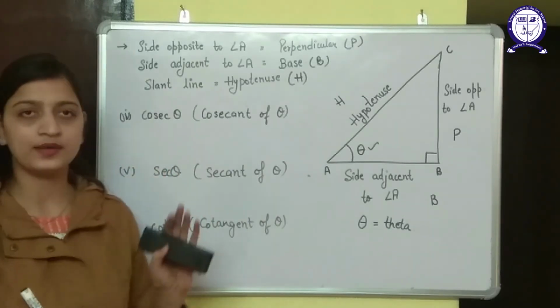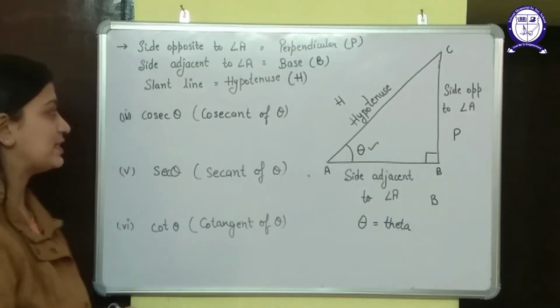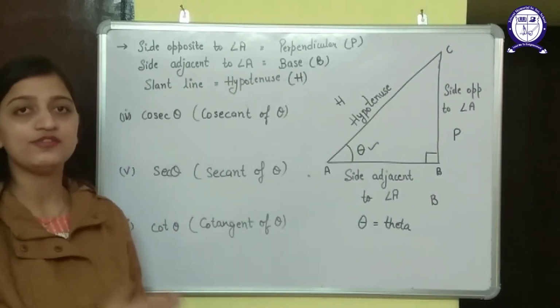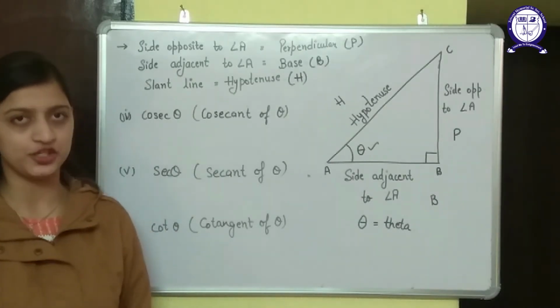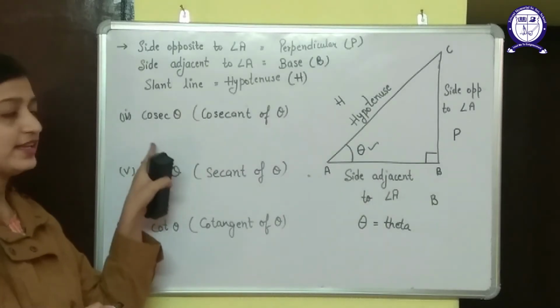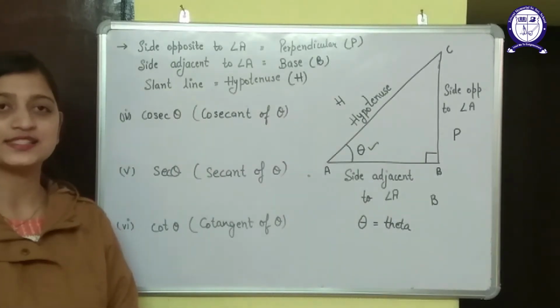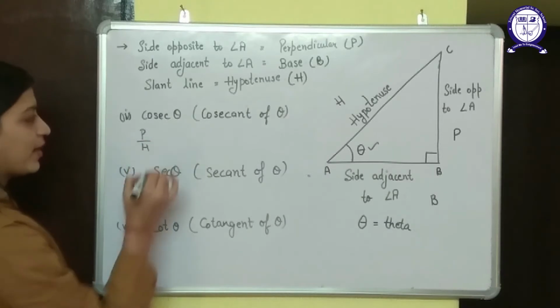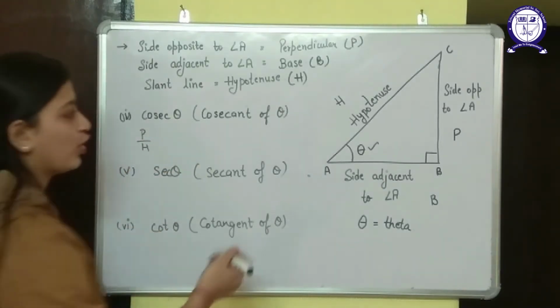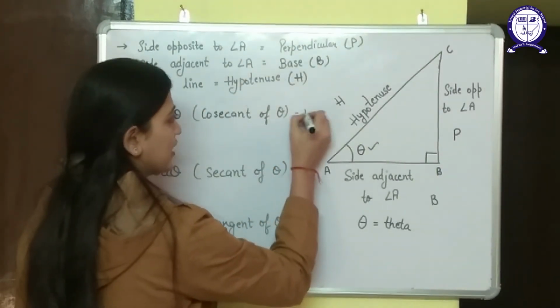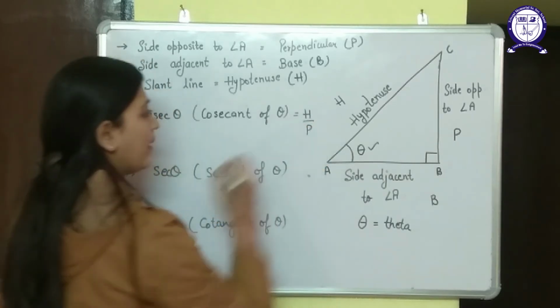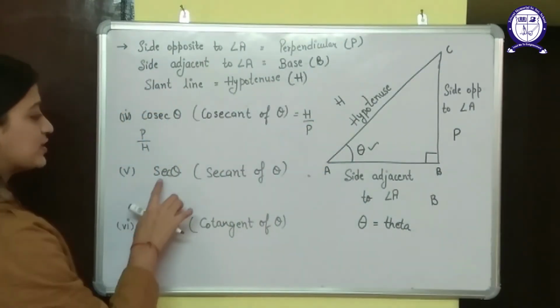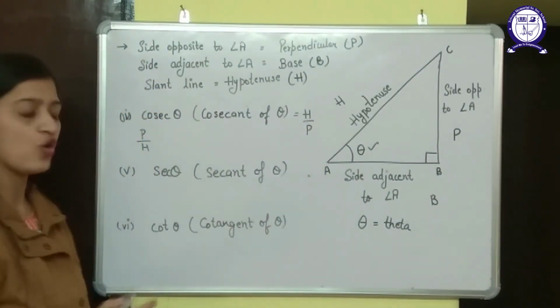Now these ratios have the properties that they are the reverse of the previous ratios. That is cosecant is the reverse of sine. So if my sine was P by H, my cosec is the reciprocal of it, that is cosec is H upon P. Now sec is the reverse of cos.